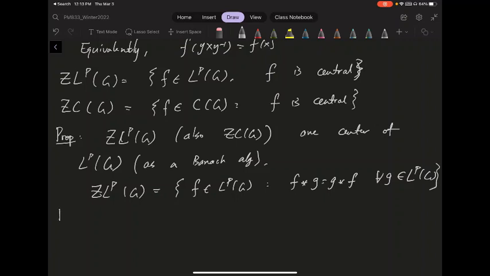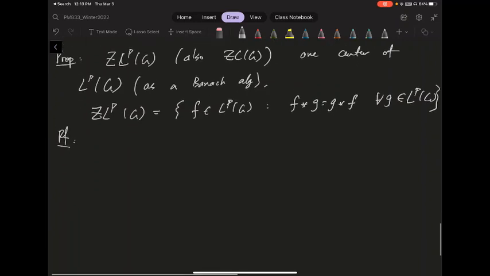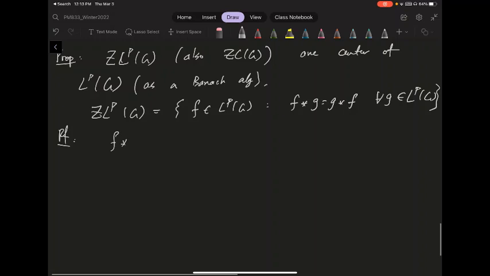First of all, I need to clarify why this Lp is a Banach algebra. Usually it's not. The only reason it is a Banach algebra is that G is compact, and then my L1 space is contained in the Lp space. So we can consider the convolution of two functions inside the Lp space. If I consider its p norm, this is the integral of f of y times the left translate of g by y, dy.